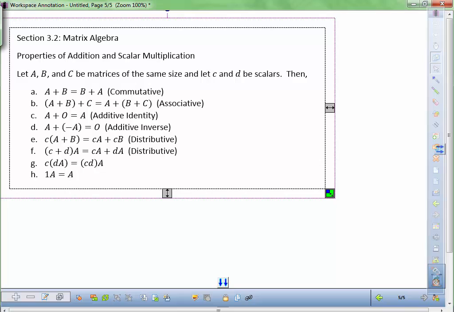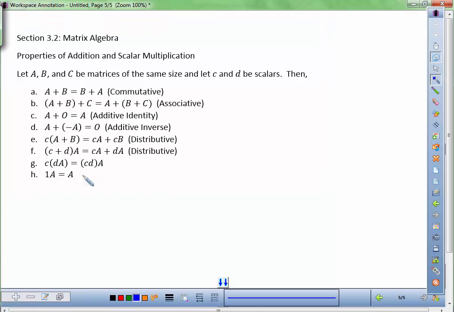Scalar multiple of a sum of matrices can be distributed. And two scalars being added with a matrix outside can also be distributed. Scalar multiplication is associative, and this one can be called the multiplicative identity.